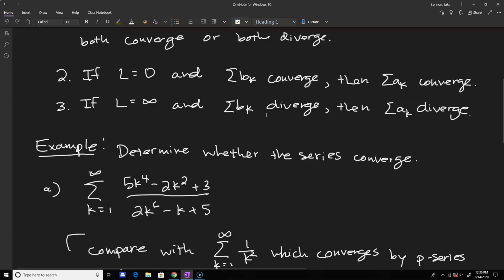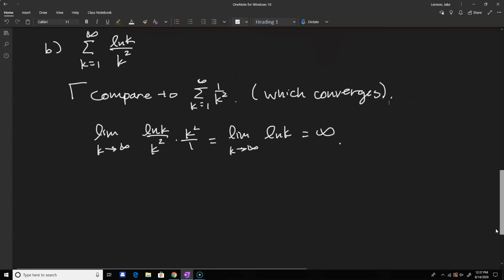So since our b sub k's converge and the limit is not 0, it does not apply here. So we're going to have to try a different comparison. That turned out to be inconclusive. So let's try the other thing I suggested. This comparison is inconclusive.